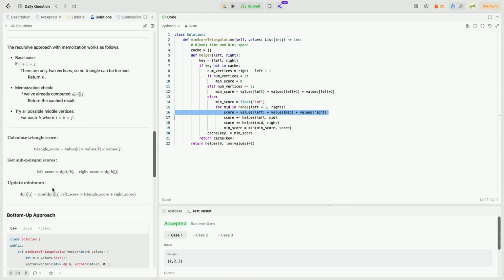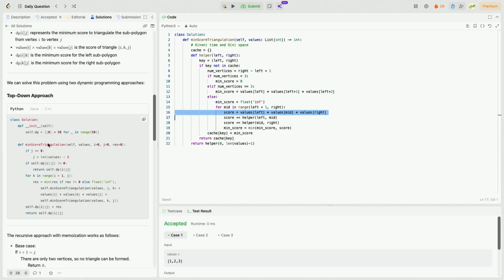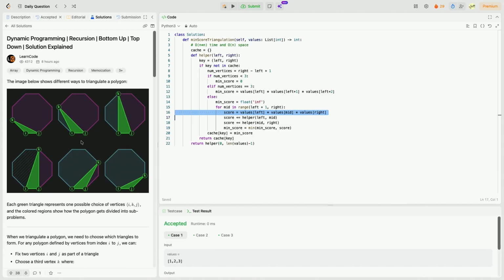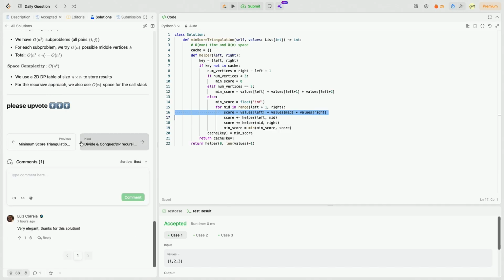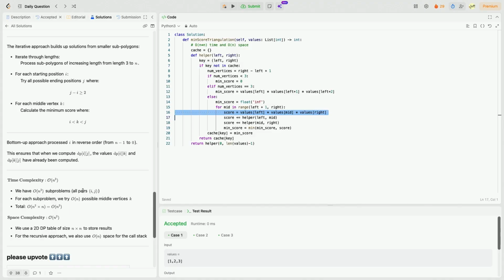So what is that runtime analysis? There's no time complexity here. So it's O of n cubed, and space complexity is O of n squared. Oh, yeah, because I forgot the cache. So we're still storing all combinations of pointers in the cache.